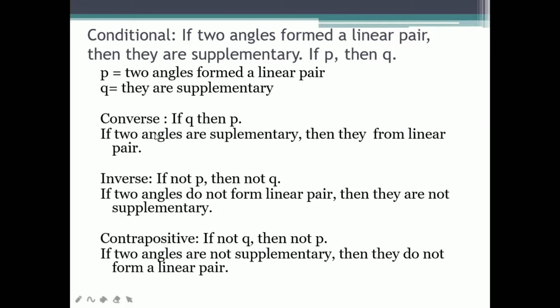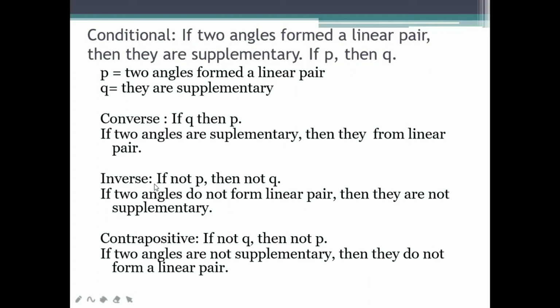So the converse statement of this given conditional will become if Q, then P. Our Q will come after if, and then the P will come after then. So we have now, if two angles are supplementary, then they form a linear pair.